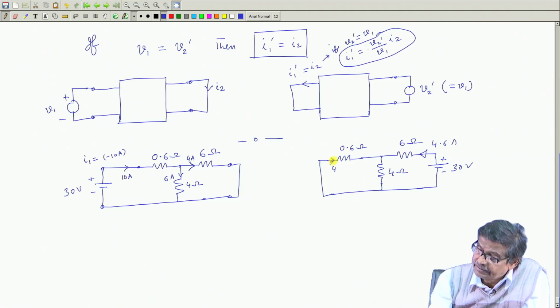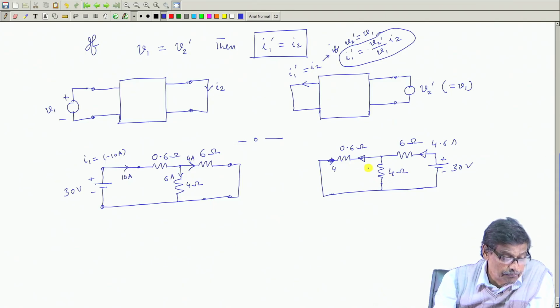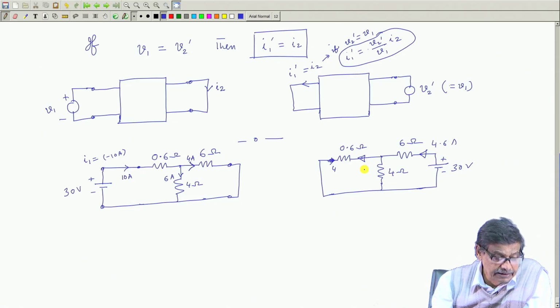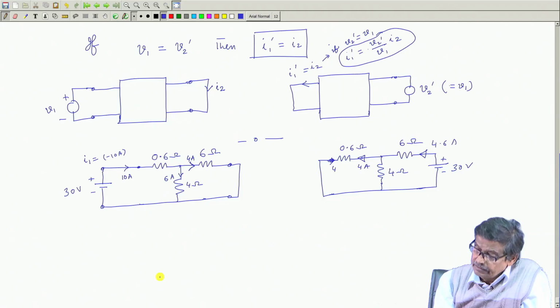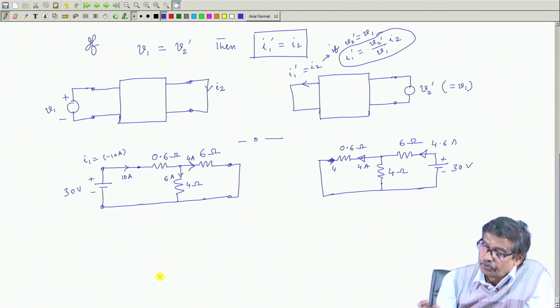Then what will be this current? 4.6 will get divided into two parts. So, 4.6 into 4 divided by 4. So, this will be 4 ampere, this will be 4 ampere from bottom to top.